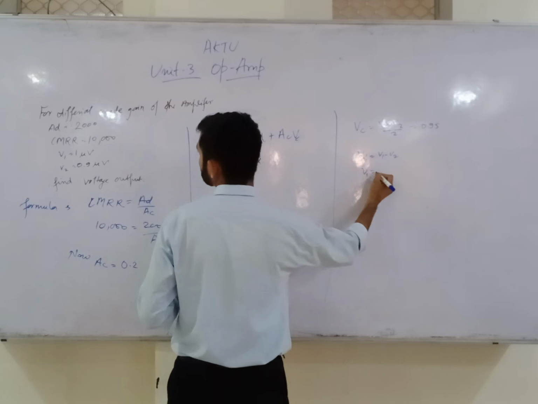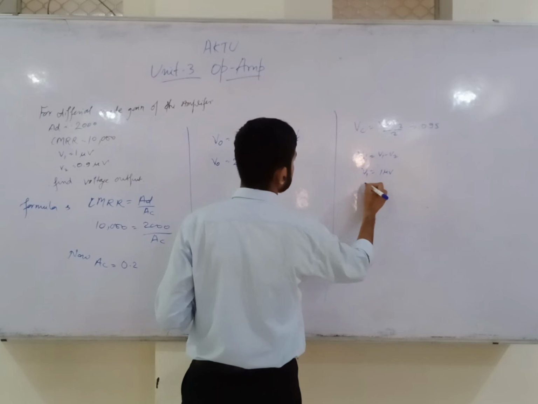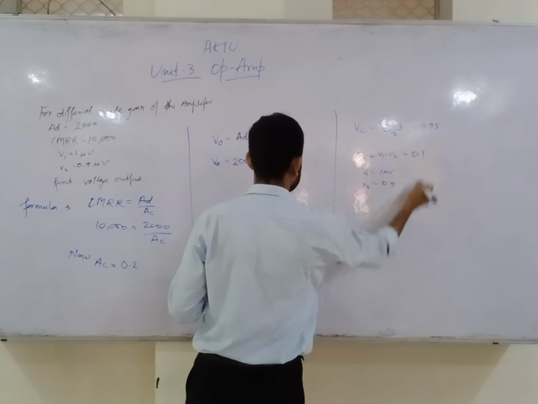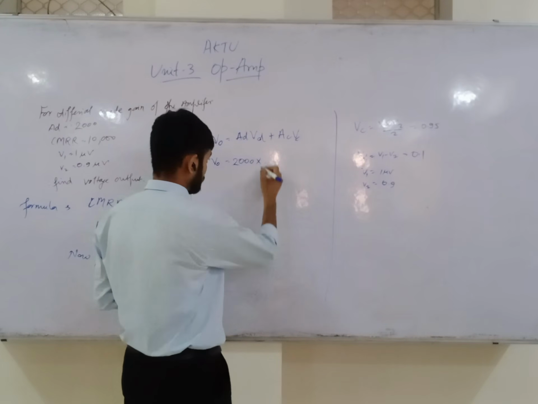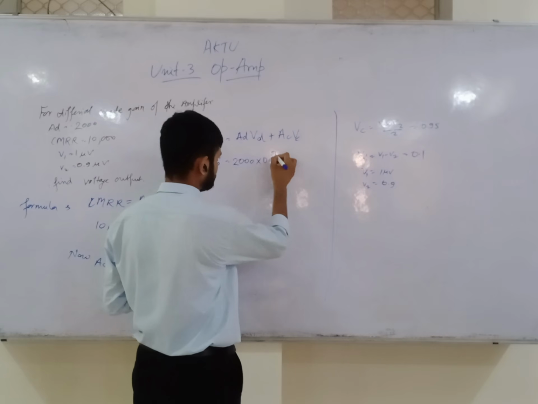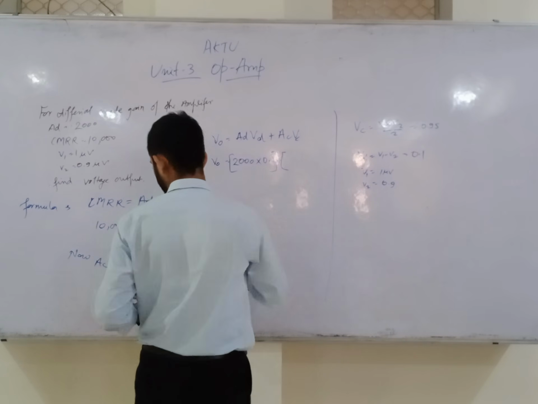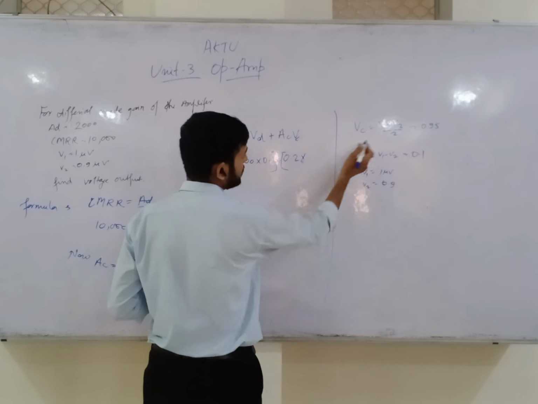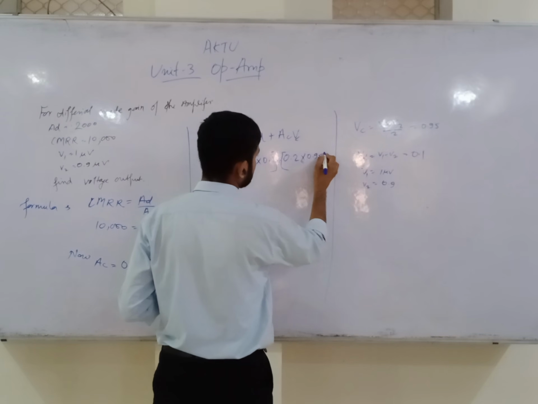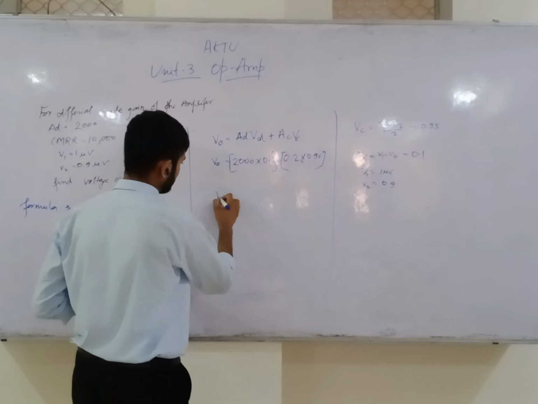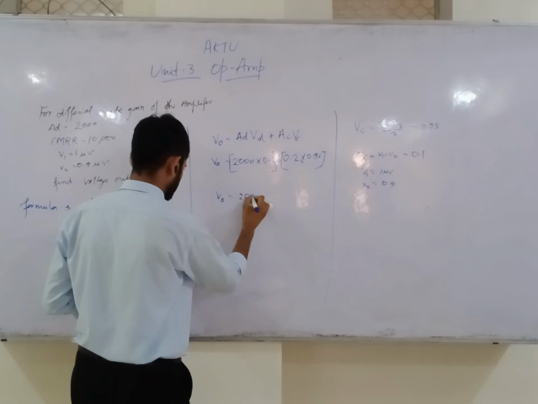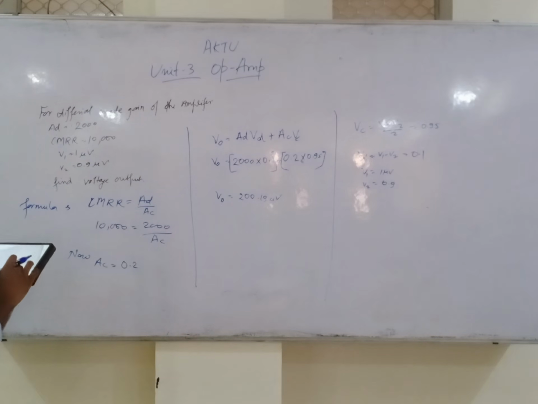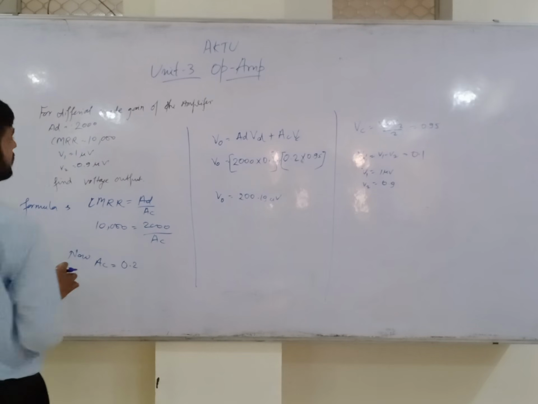V1 is equal to 1 microvolt, V2 is equal to 0.9, so VD is equal to 0.1. So 2000 times 0.1 plus AC 0.2 multiplied by VC, which is 0.95. After solving that, V output is equal to 200.19 microvolt. This is the overall answer of this question.